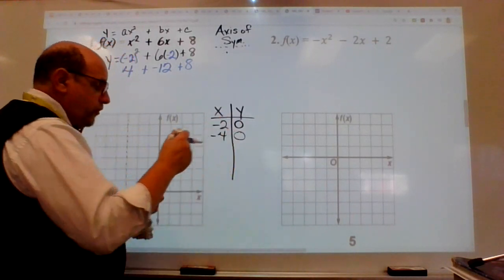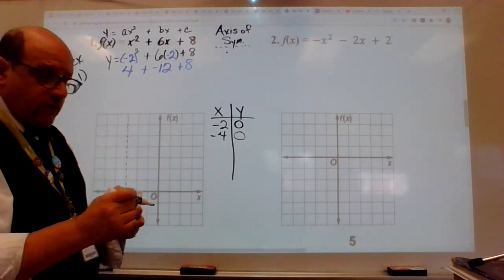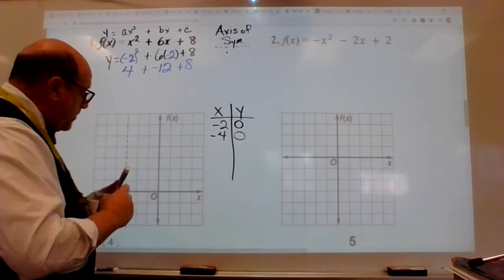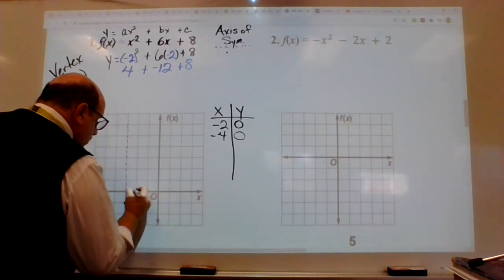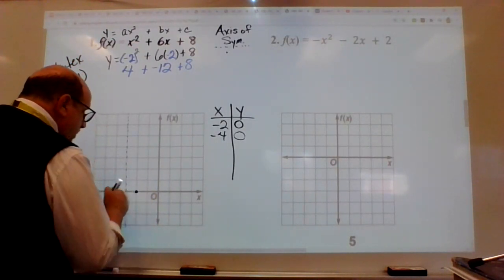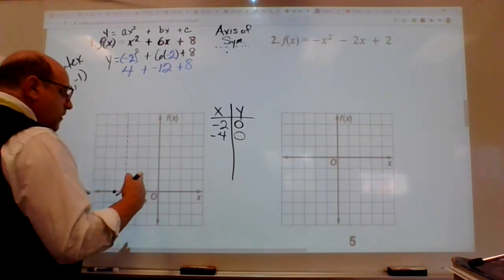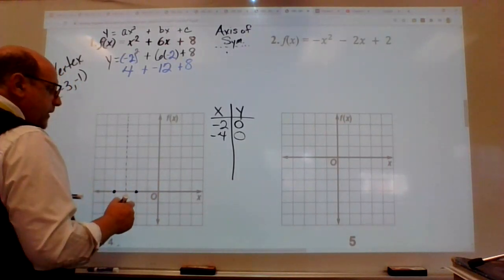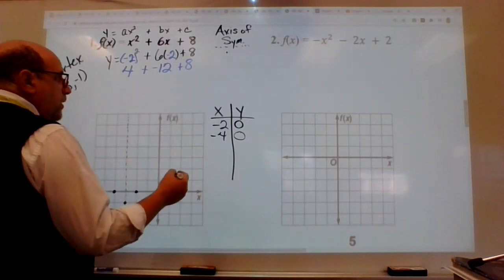And just like I told you before, you can cheat as long as you know where that line of symmetry, or that axis of symmetry, is. These two dots right here are going to be equidistant from that center. And so you don't really have to put in both -2 and -4.